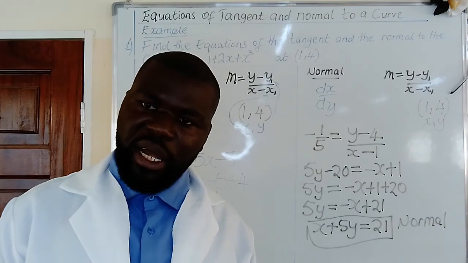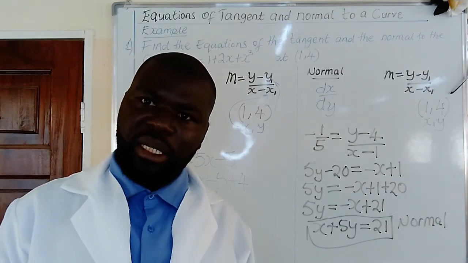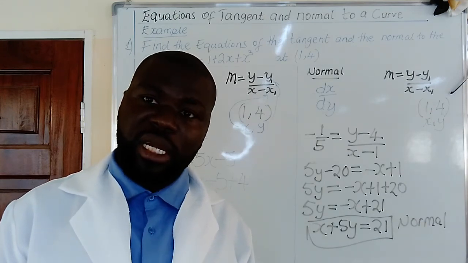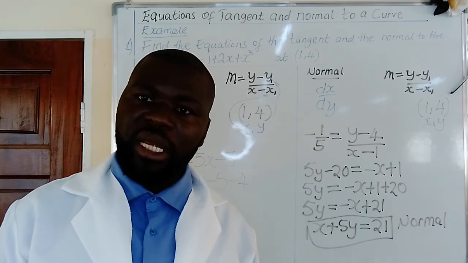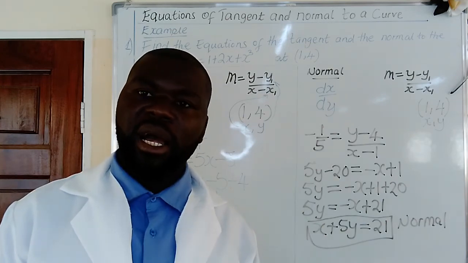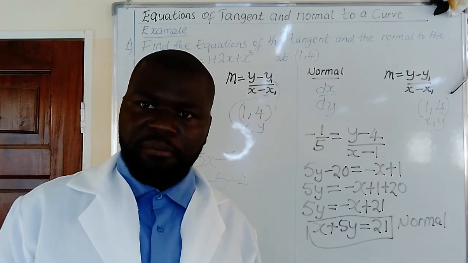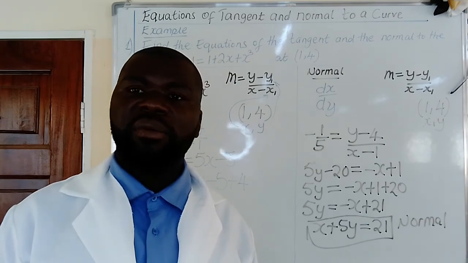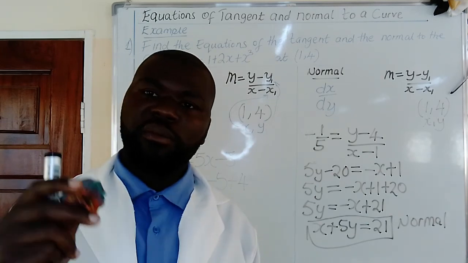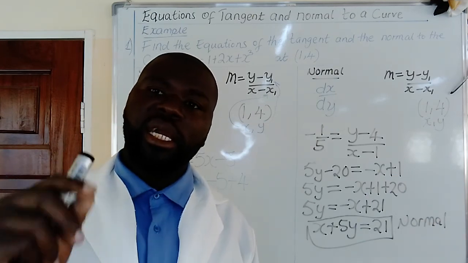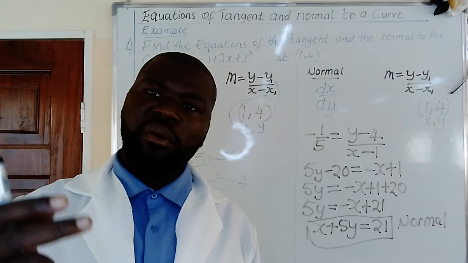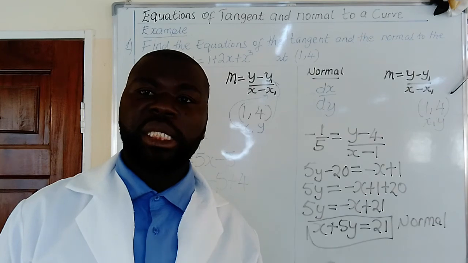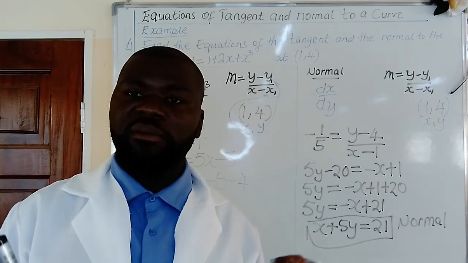Using the gradient formula for the tangent by substituting the given point, the value of x in the gradient formula, we get the gradient of the tangent at that particular point. Then using that one, negative dx dy represents the gradient of the normal. So from the gradient of the tangent, we get the gradient of the normal by swapping the numerator and the denominator, then multiply by -1, then we would have gotten the gradient of the normal.